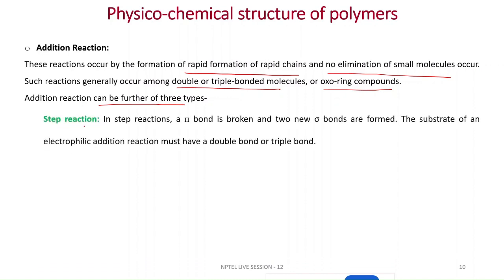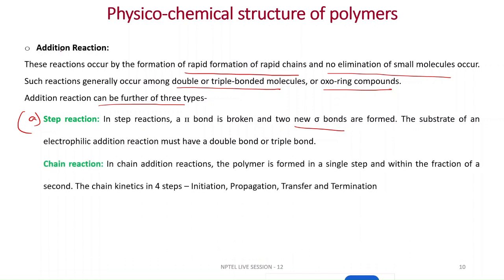First one is the step reaction. In the step reaction, the pi bond will be broken and it will form two sigma bonds. The substrate of an electrophilic addition reaction must have a double bond or triple bond.